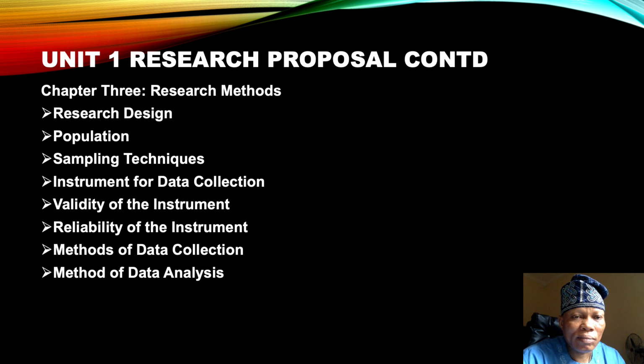Chapter 3. Chapter 3 deals with research methods. And under research methods, you have what is called research design, population, sampling techniques, instrument for data collection, validity of the instrument, reliability of the instrument, method of data collection, and method of data analysis.